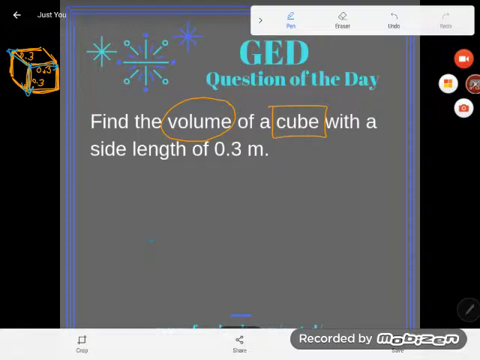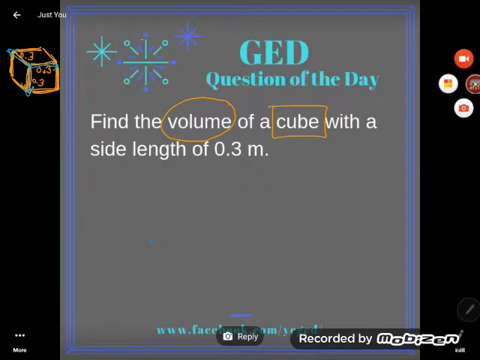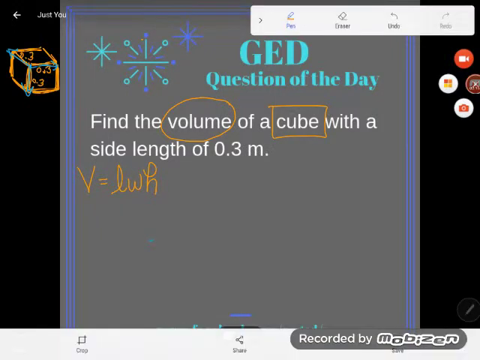And so I can use that first volume formula there, the volume of a rectangular prism. So let's bust that out. According to the GED, that formula is V equals length times width times height. Basically what they're telling me is to find the volume, multiply together the length, the width, and the height.